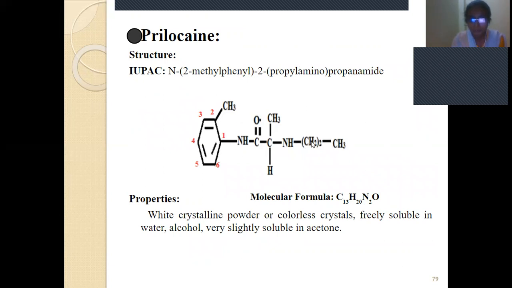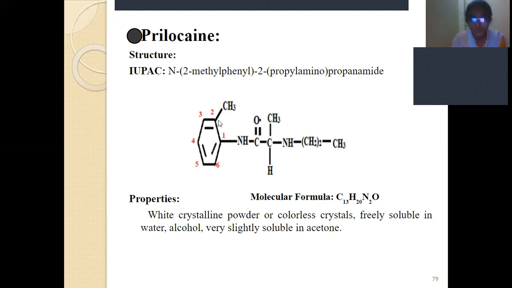Here this is the propionamide, with 3 carbon atoms: 1, 2, 3.